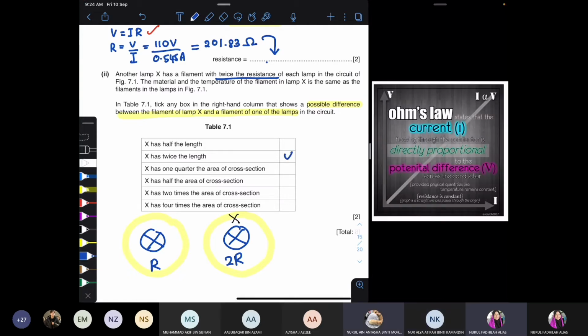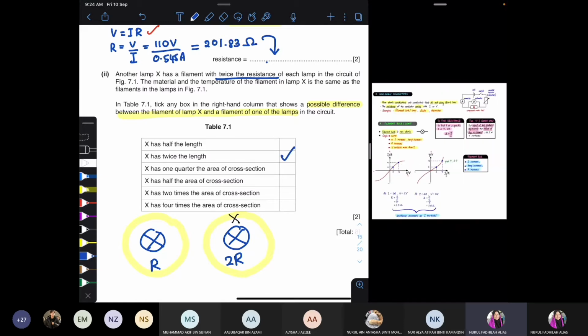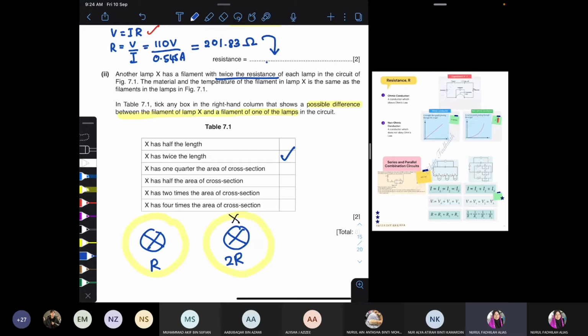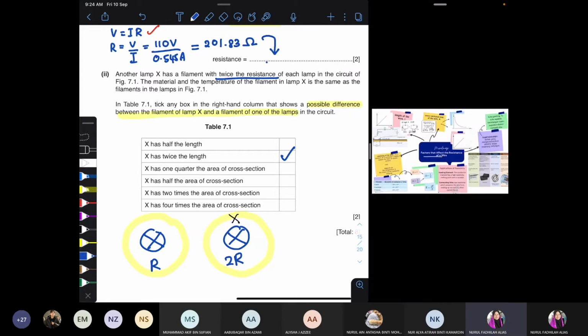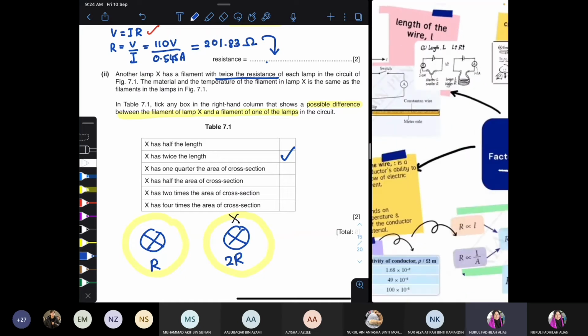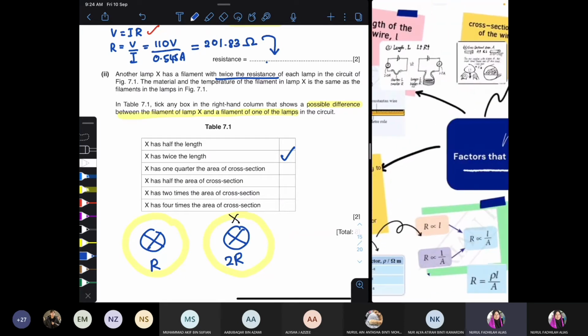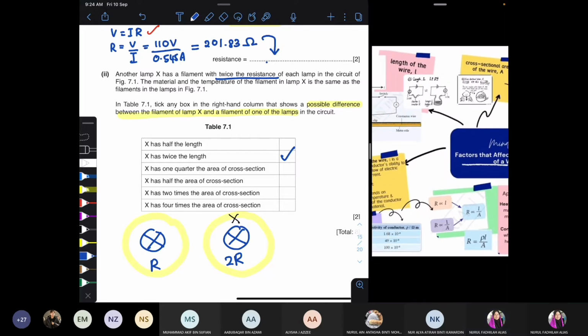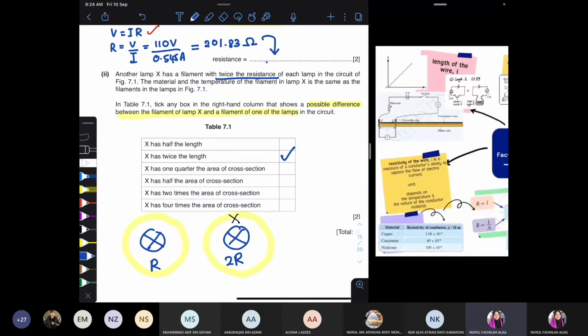That's why lah dia ada, kita dapat 2R because you know already resistance dia punya one of the factor is the length. So if you increase the length, dia berkadar terus. You increase the length, you increase the resistance.